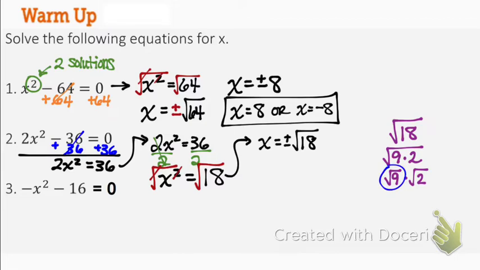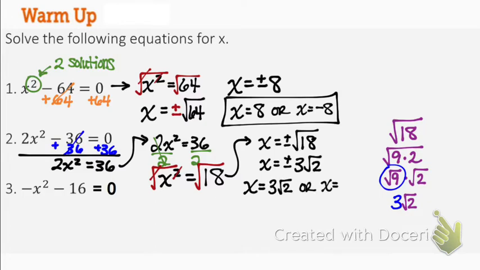What is the square root of 9? 3. Can we do the square root of 2? No. Then I leave it as the square root of 2. So x is equal to positive or negative 3 square root of 2. That means x equals 3 square root of 2, or x equals negative 3 square root of 2.